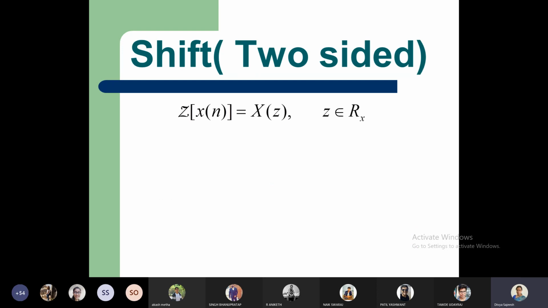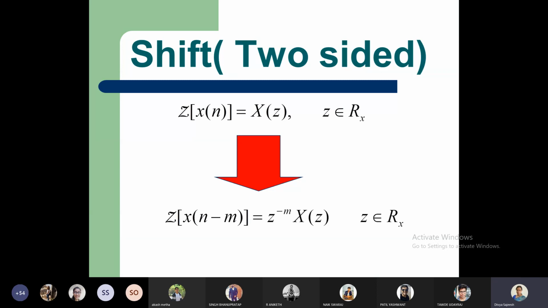Now let us go to the next property, that is the shifted signal. If a signal is shifted by a certain time interval, consider again a signal x of n whose Z transform is X of z.